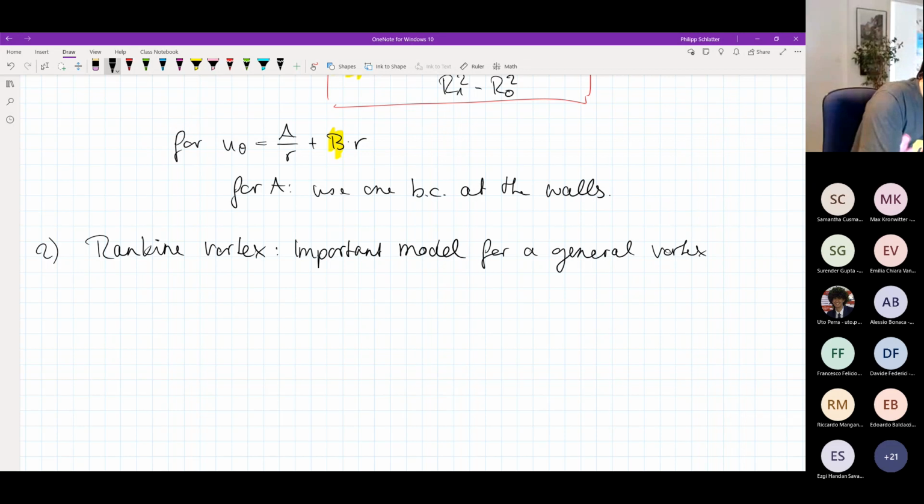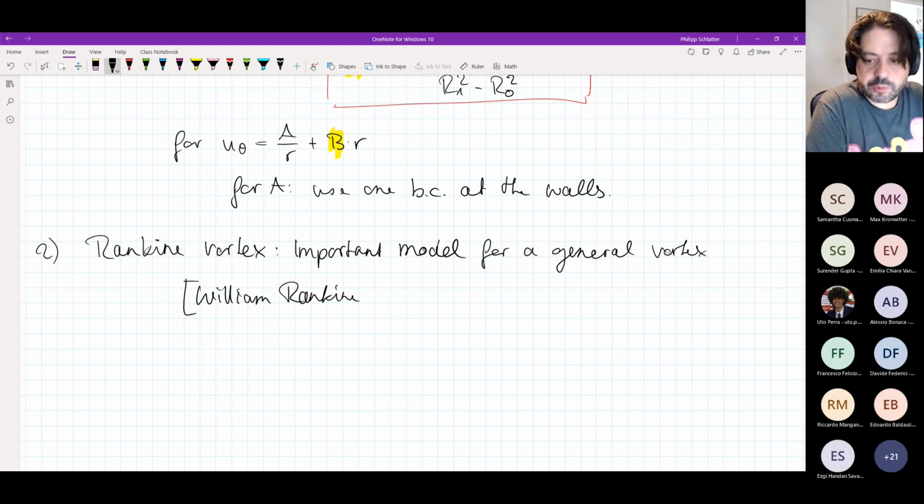The Rankine vortex, of course, is named after a person called Rankine, William Rankine, who was working on these vortices. He had the idea of the turbulent flow being composed of a number of small vortices which transfer energies. So he has always been very interested in different types of vortical motions.